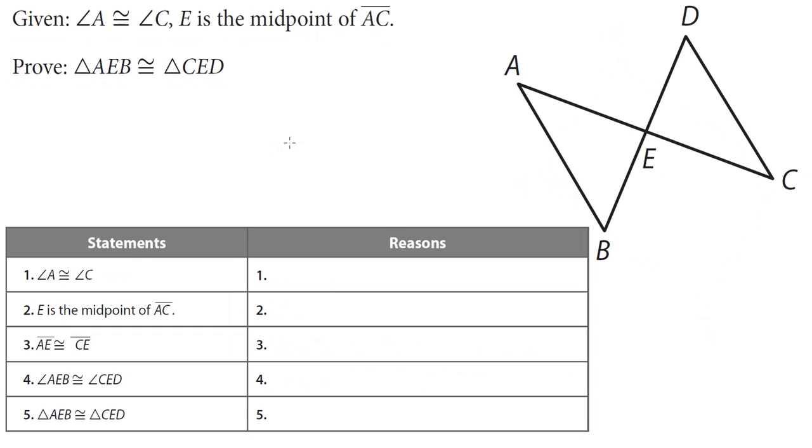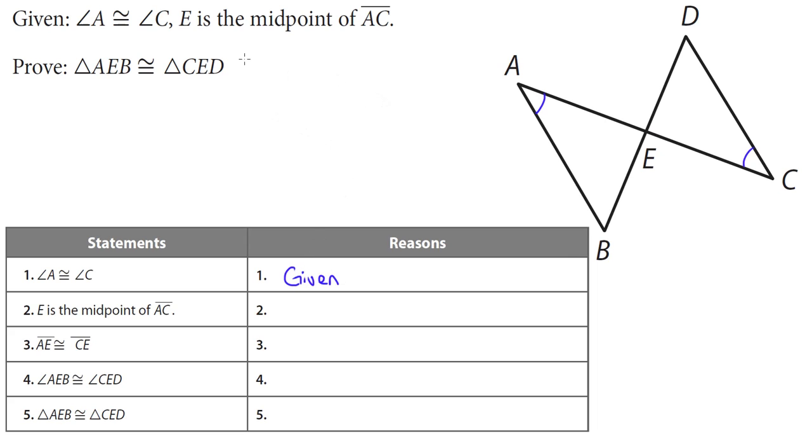All right, let's take a look at this next example. It says, given that angle A is congruent to angle C and E is the midpoint of AC, prove that triangle AEB is congruent to triangle CED. So let's diagram what we know. We know that angle A is congruent to angle C. So I'm going to mark one arc here and one arc here. And we can go ahead and put that in here in our first statement that it is given.